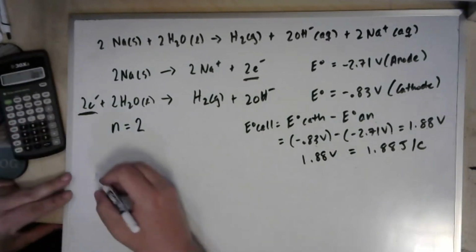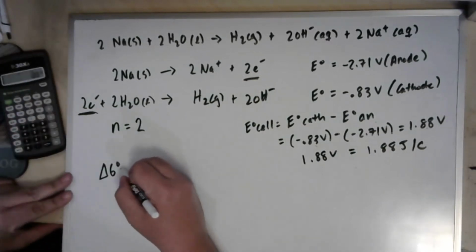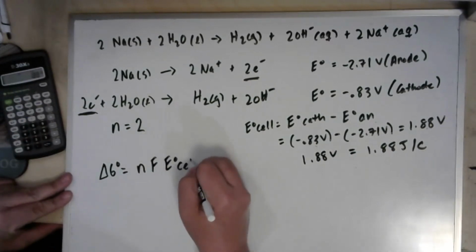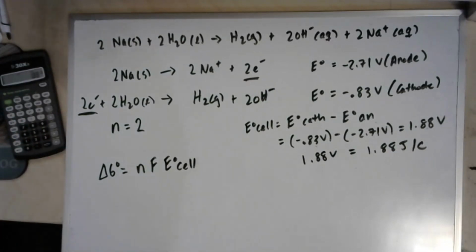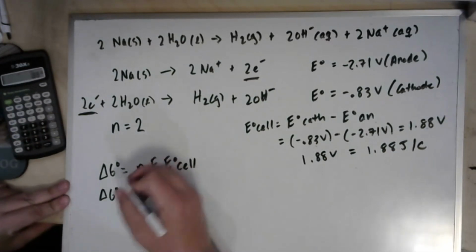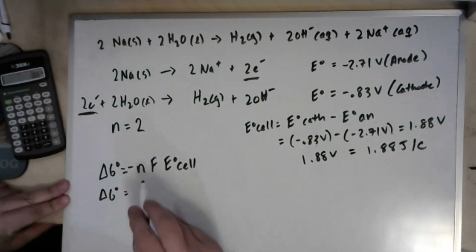Okay, so now we can plug it into our delta G equals negative NF E cell.